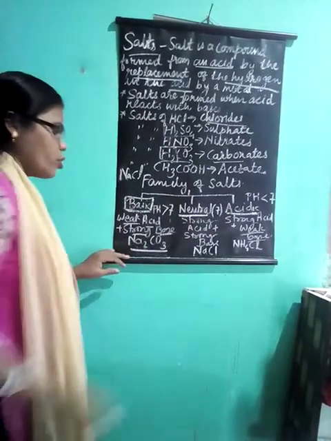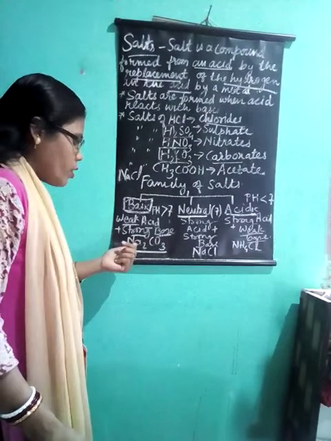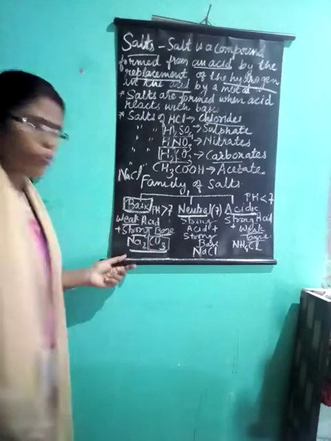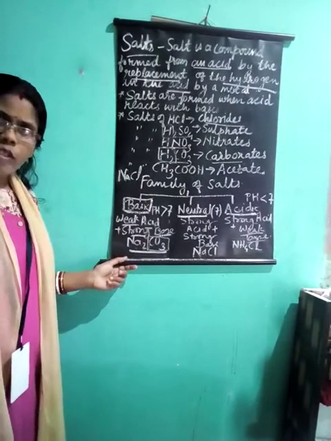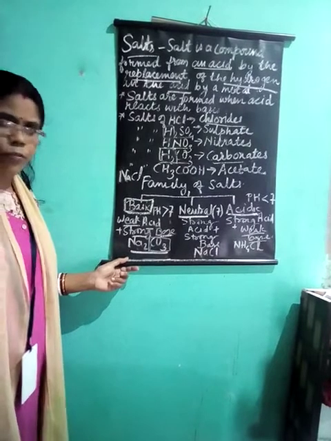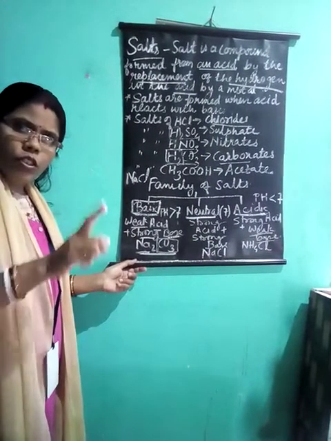The example of basic salt is Na2CO3. How will you identify whether this is a basic salt? It is Na2CO3, which means it is carbonate. Carbonate is formed from carbonic acid. Now what is carbonic acid? Carbonic acid is a weak acid. And NaOH is your strong base.